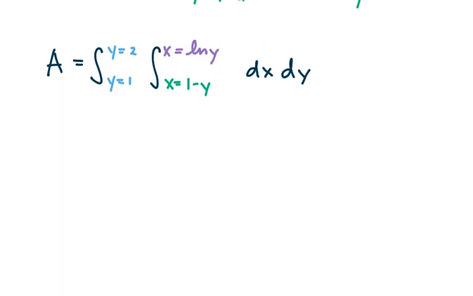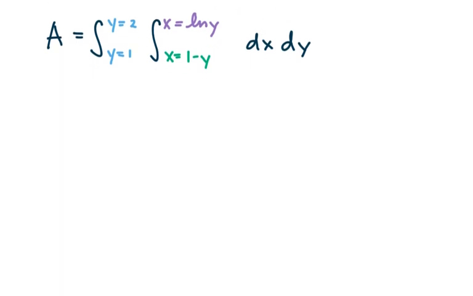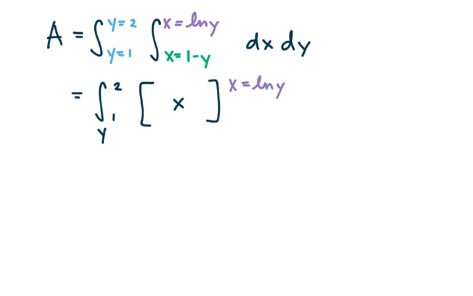All right, so at this point, though, the integration should be very easy. These are my y values from 1 to 2. When I integrate 1, I'm going to get x, and that's from x equals the natural log of y to x equals 1 minus y. I will still need to integrate with respect to y once I'm done, because the y is still there.